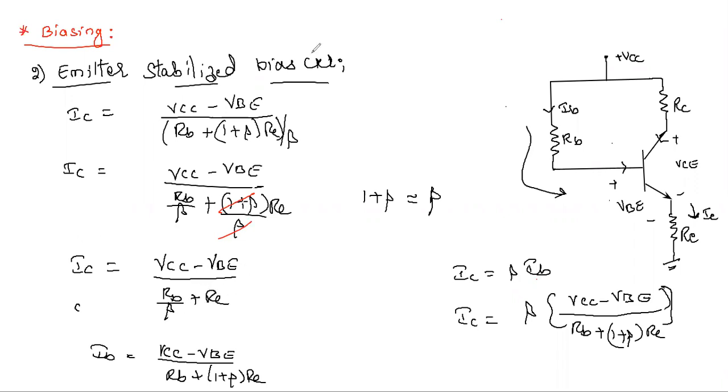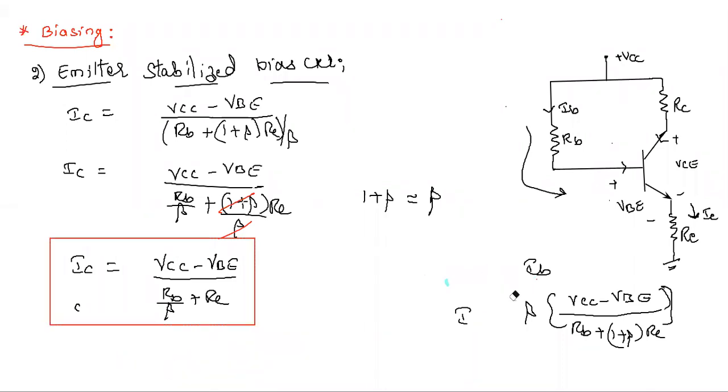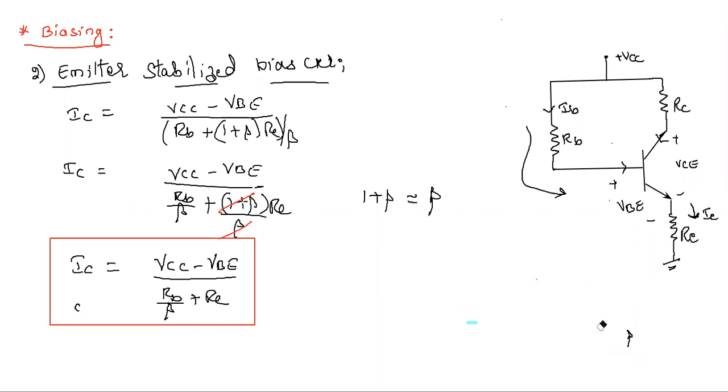So this is the collector current, which is still depending upon beta. To eliminate beta, or to make IC independent of beta, we need to assume that this is possible. The possible thing is RB by beta must be less than RE, or RE must be greater than RB by beta.